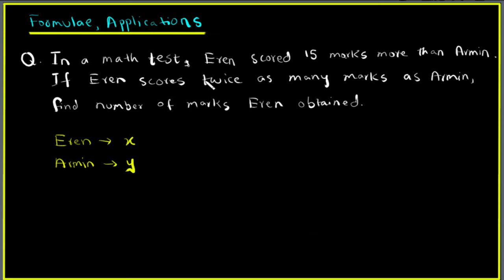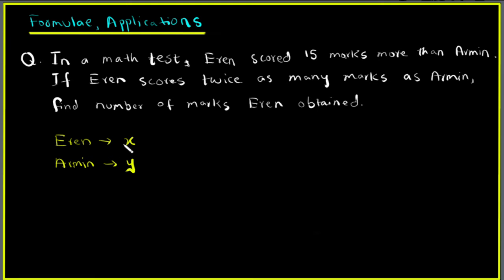Now we just need to translate the information that is put down in the form of text into the language of mathematics. So let's see how I do it. Aaron scores 15 marks more than Armin. You can call Y the marks that Armin obtains, and X the marks that Aaron obtains.